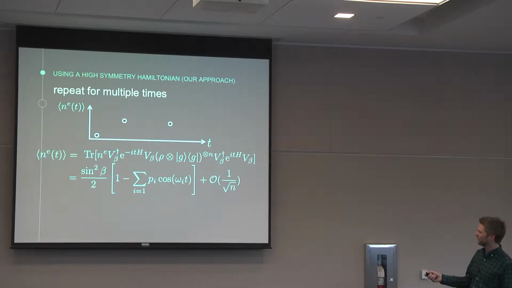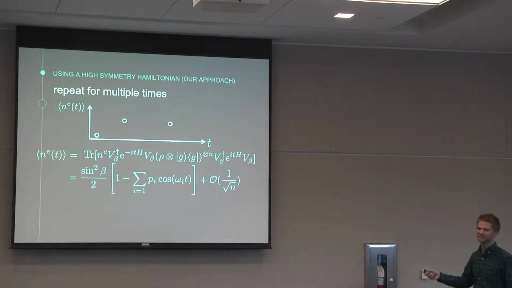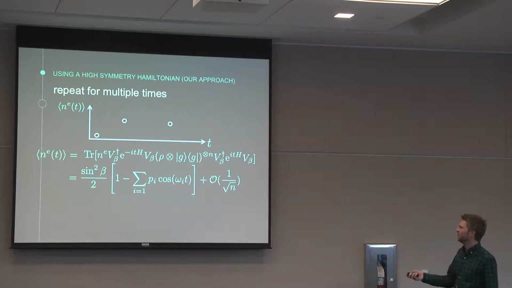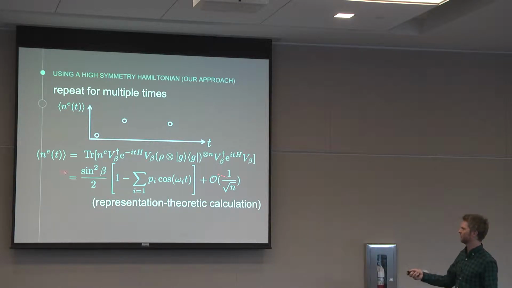But I should mention that this initial state rho to the n here, we've evolved it by a pulse applied symmetrically to all atoms on the EG levels, which has S_N cross S_UD symmetry. We evolved it by an S_N cross S_UD Hamiltonian, and then we inverted the pulse again. All of these things have S_N cross S_UD symmetry, so essentially we are applying some S_N cross S_UD symmetric operation to the state. So you can use representation theoretic techniques to recover this formula here.